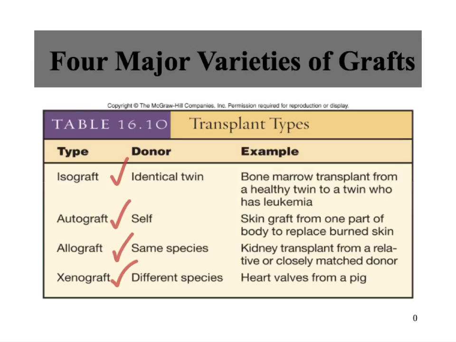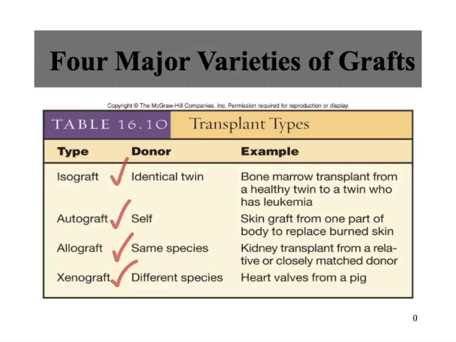Although you can see a few examples here. An allograft would be the same species. They mentioned a kidney transplant from a relative or a closely matched donor. But again, a compatible donor needs to be a match for greater than 6 alleles. I believe there's 13 that they test for, and you have to be a match for greater than 6.